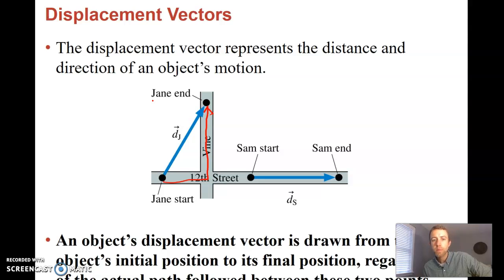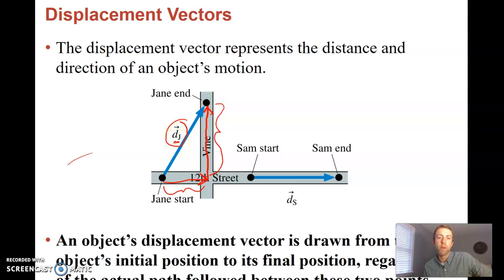Now I didn't draw arrows on both of the red lines, I drew it just on the one, but we could say that this displacement vector is made up of these two component vectors.